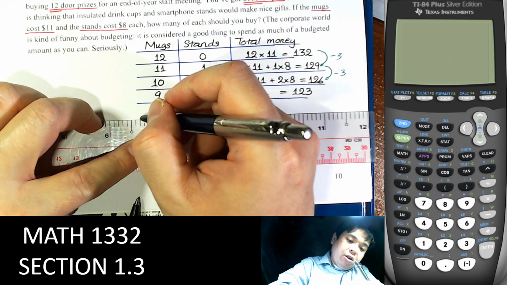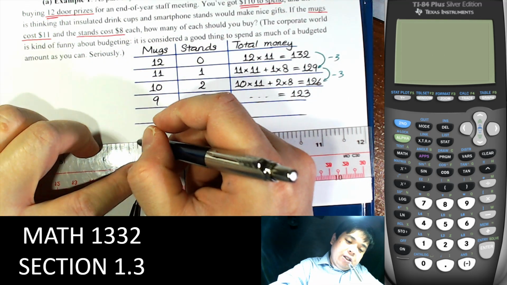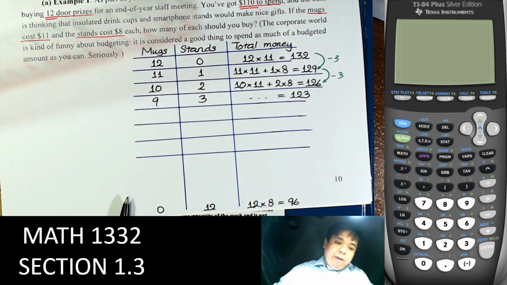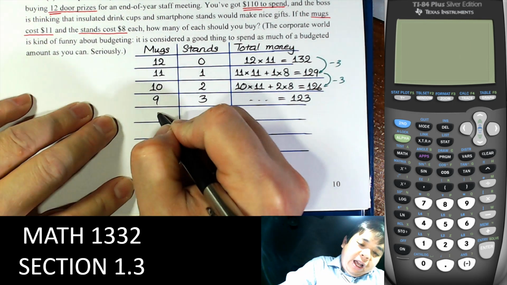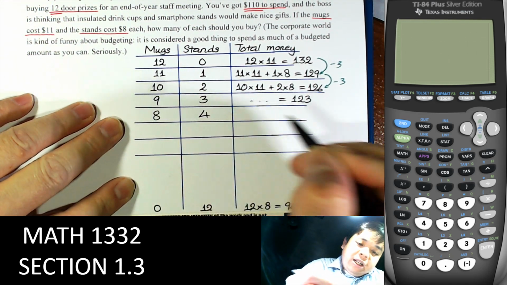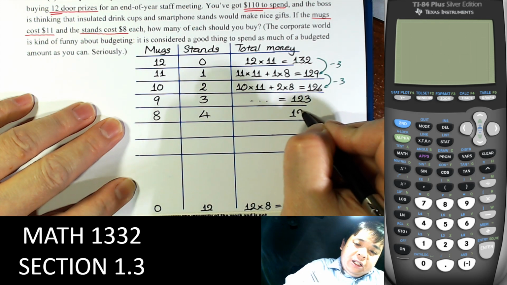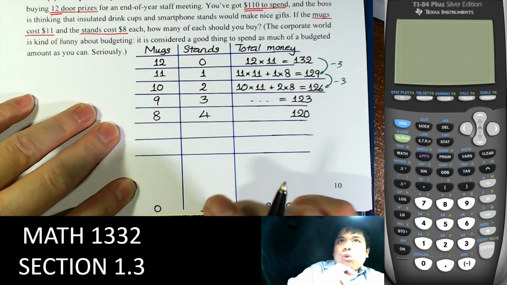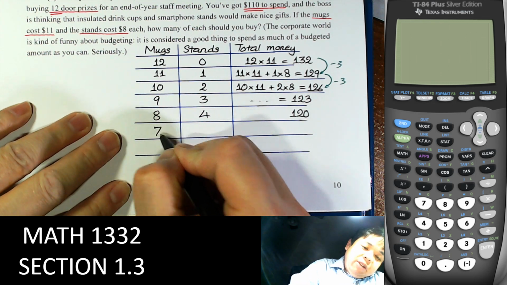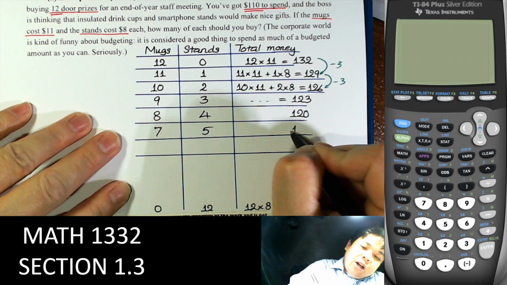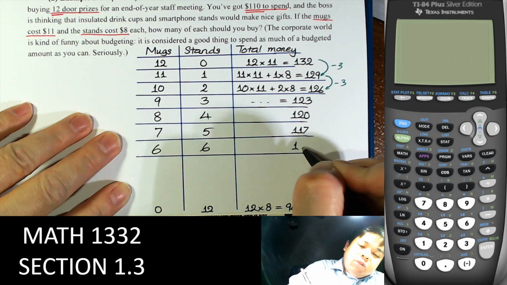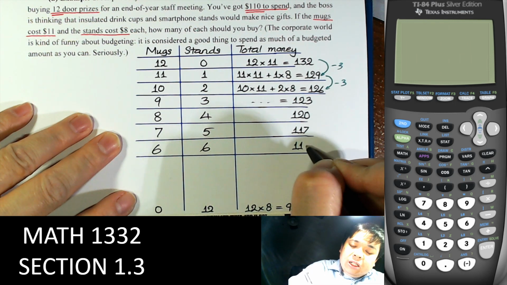Right, so there's a long way to go there. Now if we have 8 mugs and 4 stands, that will be 120. Just keep subtracting 3. And 7 and 5, that's 117. 6 and 6, that's 114.